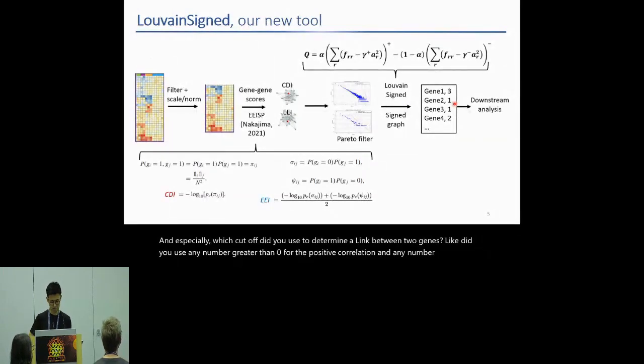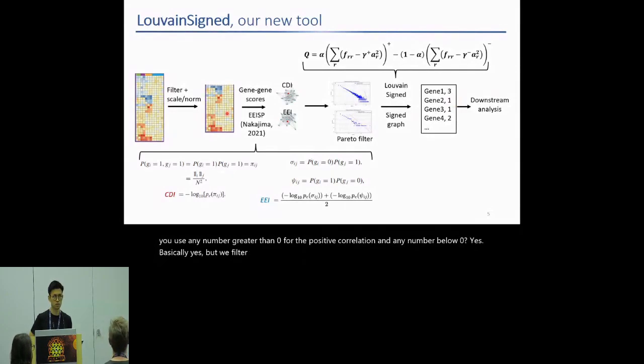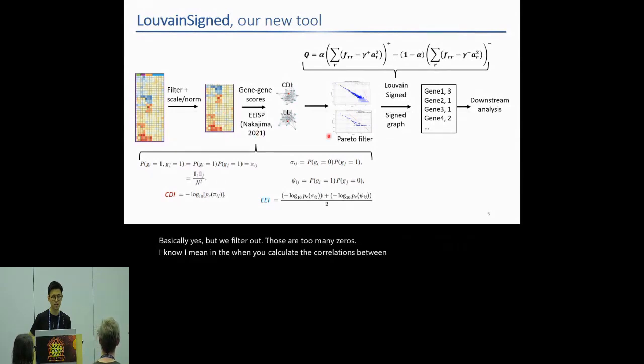Yes, basically yes, but we filter out those with too many zeros. No, I mean when you calculate the correlations between two genes, do you have a minimum correlation?